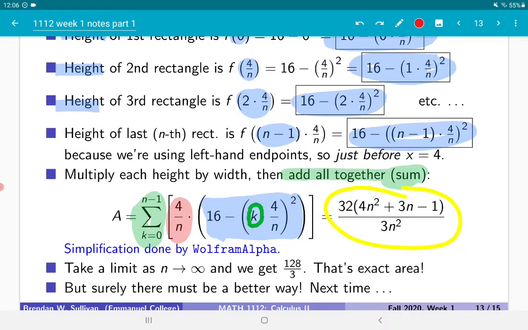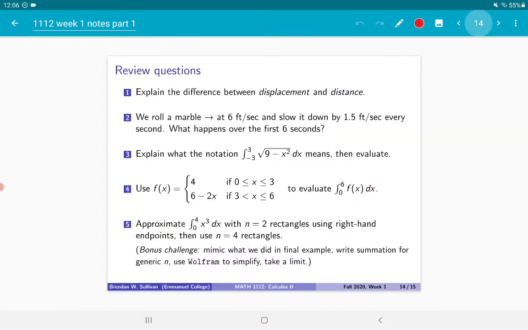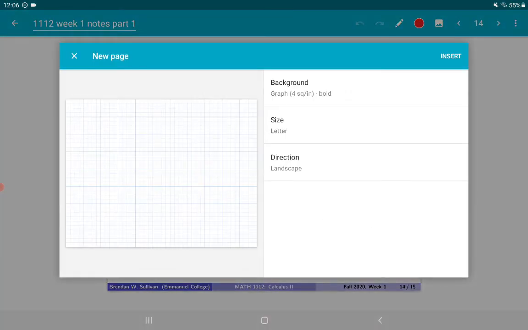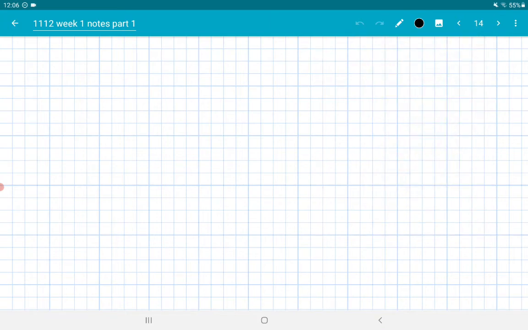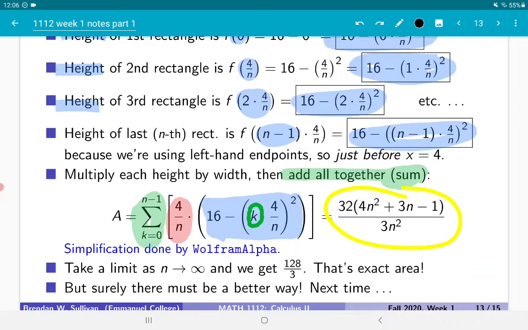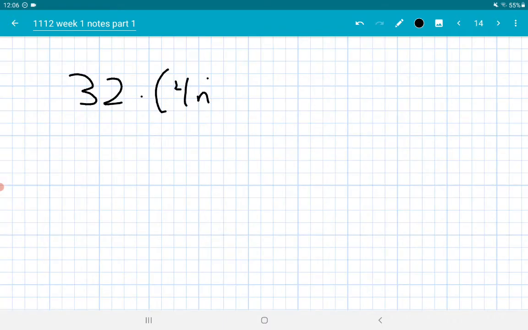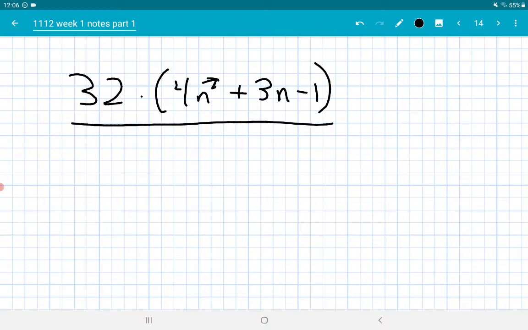And then one last thing to do here, let me open up a new page to show you that, is I had 32 times, let me make sure I get this right, 4n squared plus 3n minus 1 all over 3n squared.